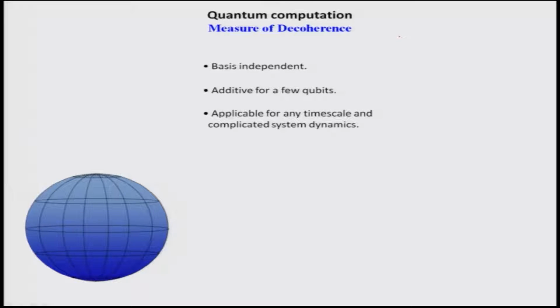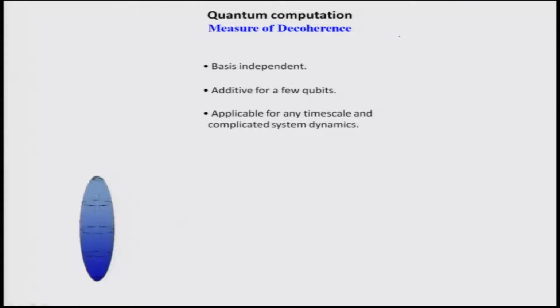One aspect which has been important in that sense is the measure of decoherence, which is basis dependent and is additive for a few qubits, but is applicable for any time scales and complicated system dynamics. This is the principle where the coherence of the system diminishes, and it is important to make sure that it is not too small at any point of time, because interactions or carrying out gates would require the coherence to be available.